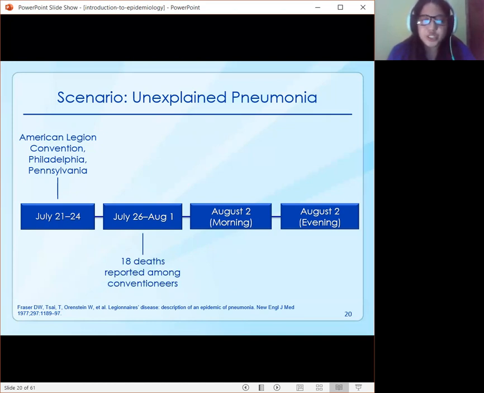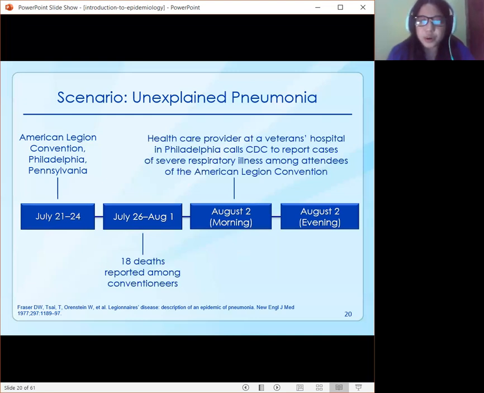From July 26 to August 1, a total of 18 conventioneers died, and it was reported that it was due to pneumonia. On the morning of August 2, a nurse at a veterans hospital in Philadelphia called CDC to report cases of severe respiratory illness among the attendees of the Legion Convention.